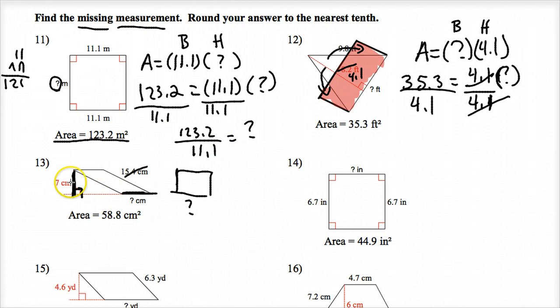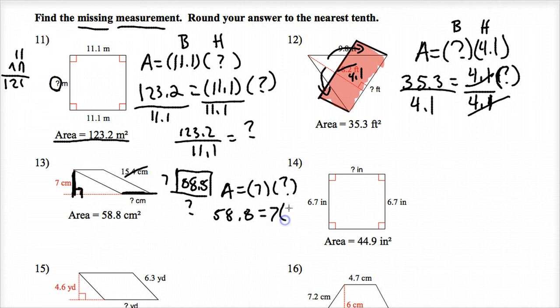So 7 would be right here, and the area is 58.8, so we know that 7 times something equals 58.8, because the area equals the base times the height.